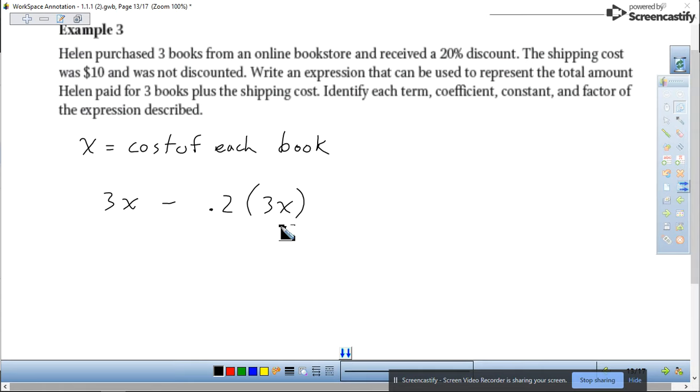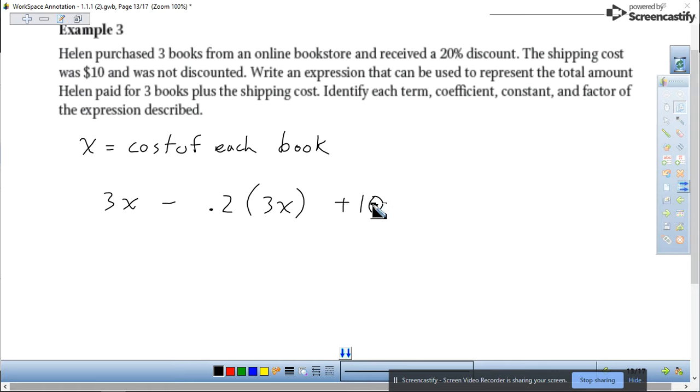So that's the total cost of the books minus the discount. And then we had one other piece of information we had to include in our expression, which was the fact that she had to pay $10 for shipping that was not discounted. Okay, so if you're having to pay extra money, we're going to be adding that on to what we already have. So plus the constant of 10.